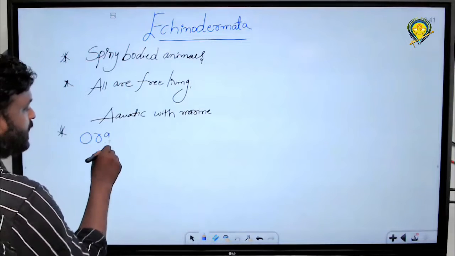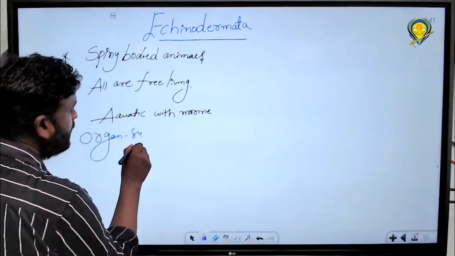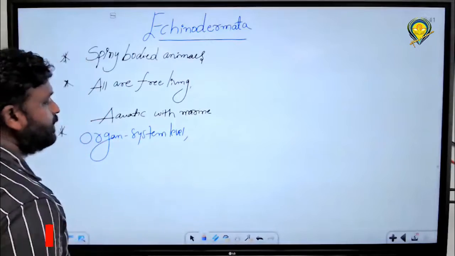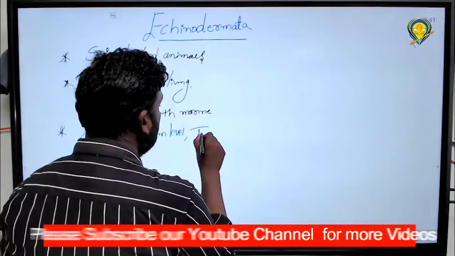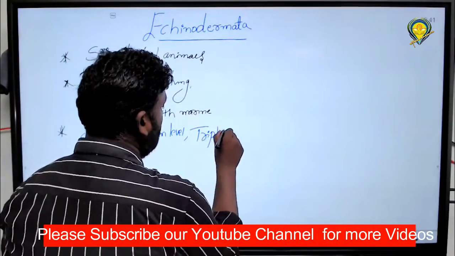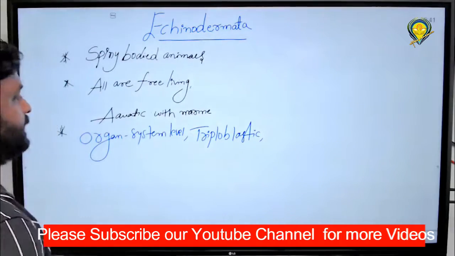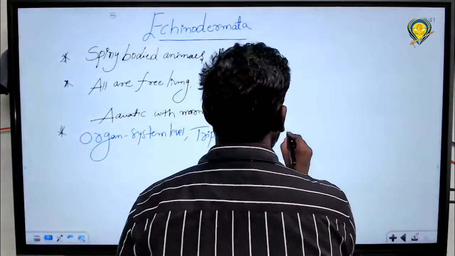First one, the level of organization is the organ system level. Very good. What kind of germ layer do you have? Definitely it is a triploblastic animal. And what kind of symmetry do you have?